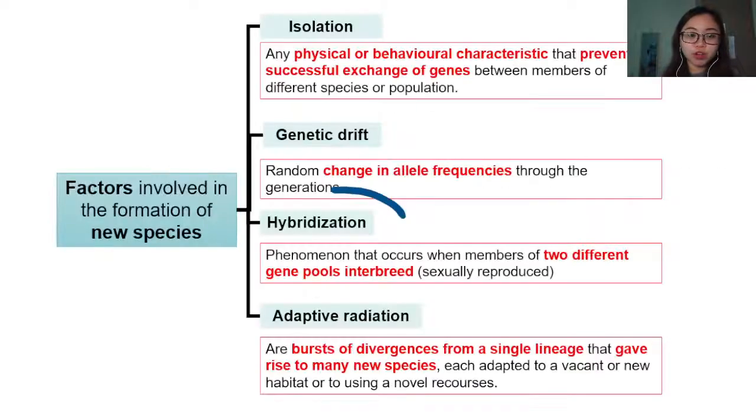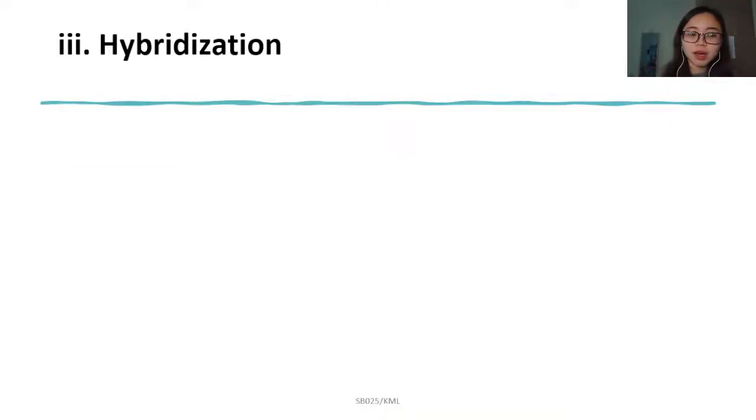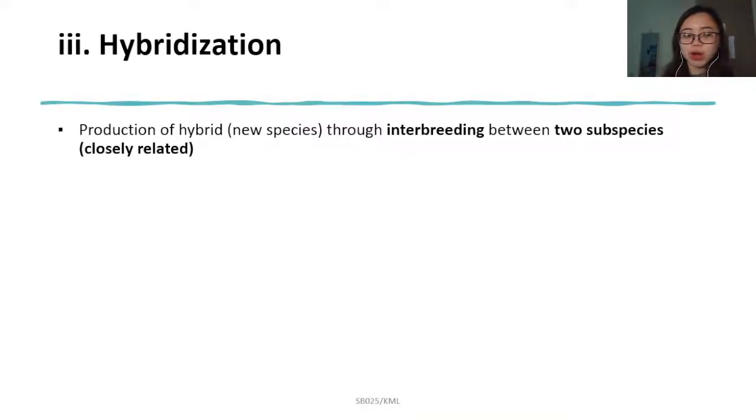And then we're moving on to the third factor involved in the formation of new species, which is hybridization. Hybridization is the production of a new hybrid or new species through interbreeding between two subspecies or closely related species. Example of hybridization we usually see in plants, in allopolyploidy in plants.